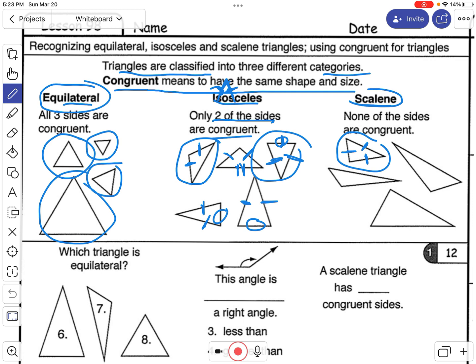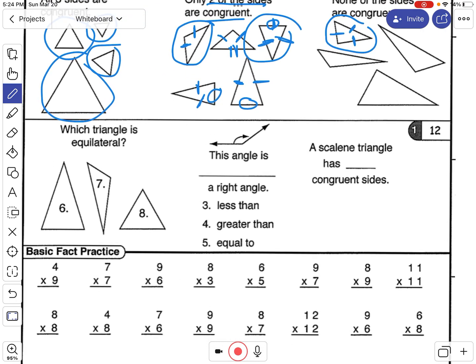And a scalene triangle, I don't have a great way to remember other than a snake is very scaly, and people don't like snakes. And so a scalene triangle has no congruent sides. It's no sides that are the same because of a scaly snake. I don't think that helps a whole lot. But if you can remember the other 2, then maybe that one will be not too tough for you.